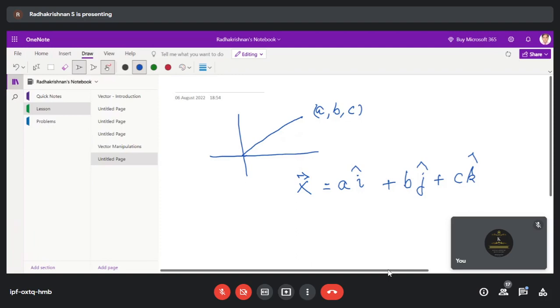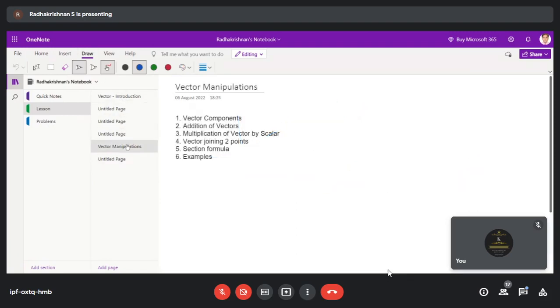This is a way of representing a vector in terms of its components. So that's about vector components.